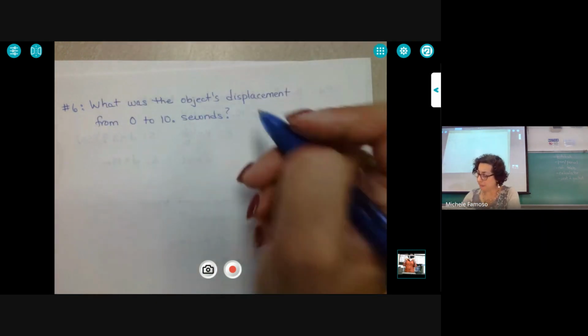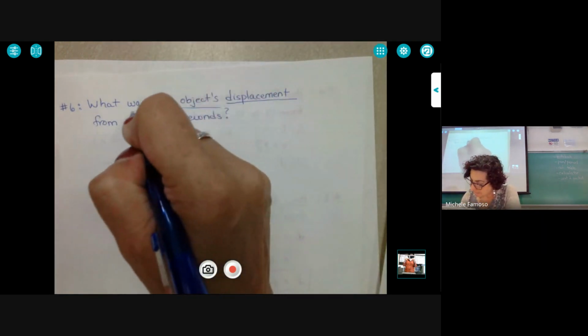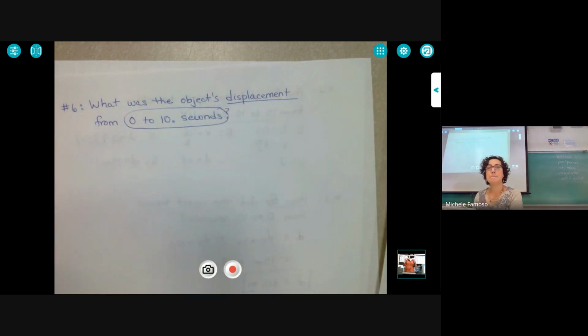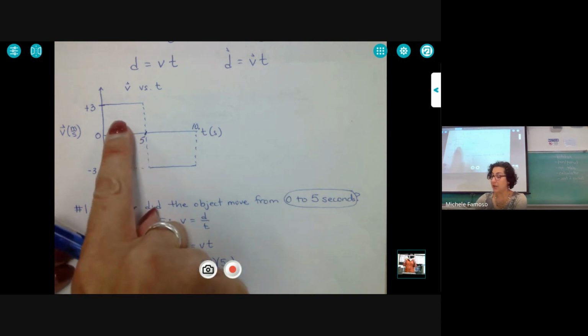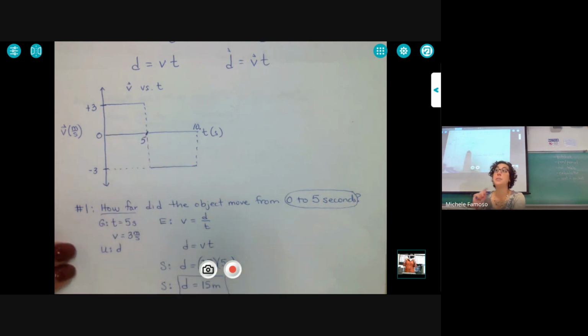Again, think about the graph. How many line segments do we have between 0 and 10 seconds? 2. You can't do it for 2 separate line segments. You have to figure out the displacement in each individual time period.